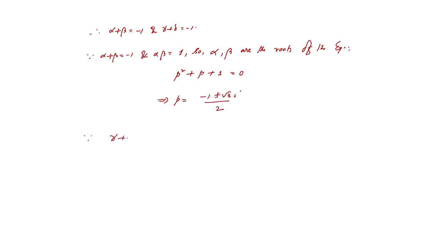Again, since gamma plus delta equals minus 1 and gamma delta equals 3, gamma and delta are the roots of the equation m square plus m plus 3 equals 0.